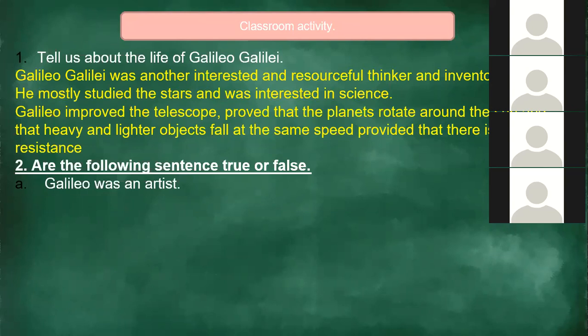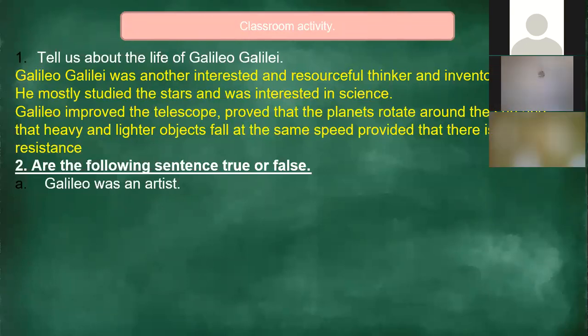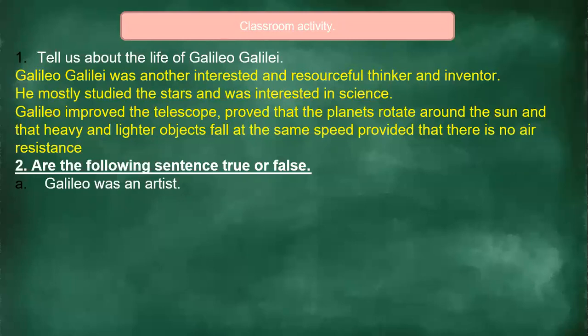Yes, ma'am. Like you said, they never said he was an artist. They never said he painted any pictures or drew anything. They said he was an inventor. Okay, I'm taking your answer. Another one. Muhale.